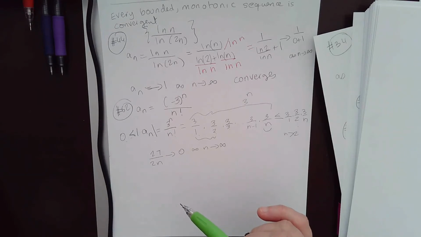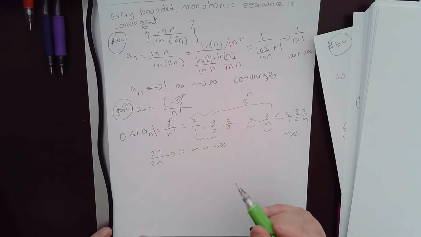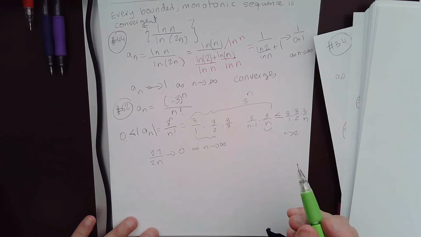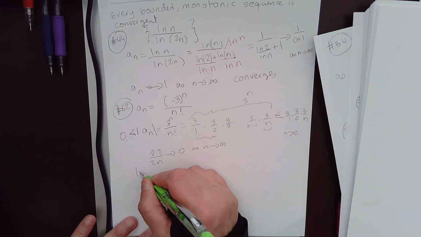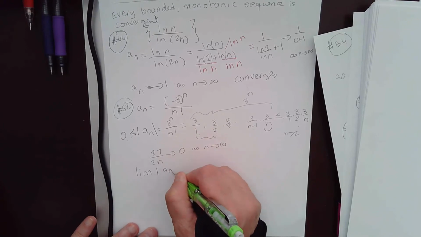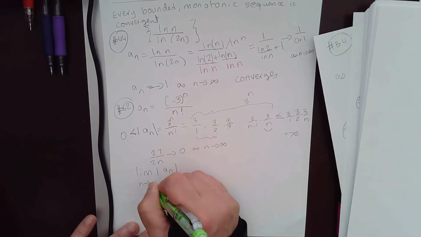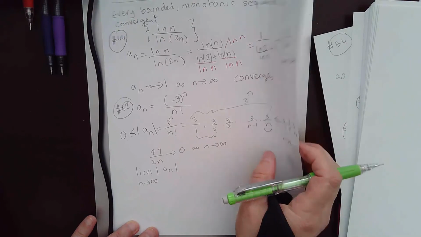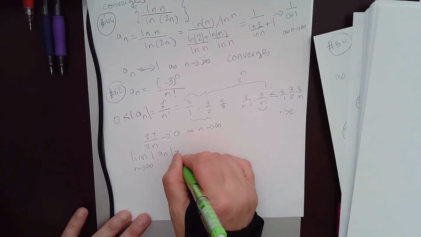So the limit of the absolute value of an as n approaches infinity, by the Squeeze Theorem, is equal to 0.